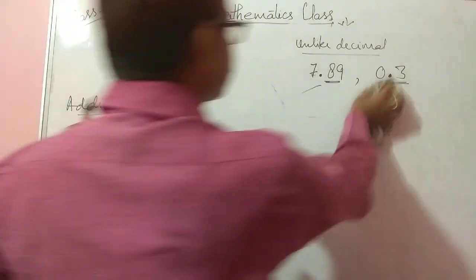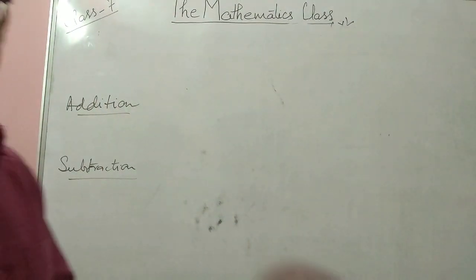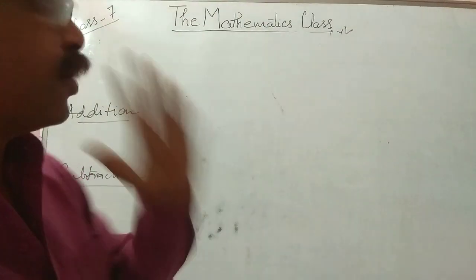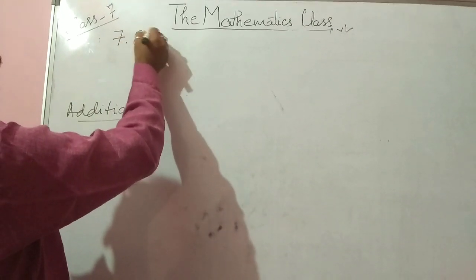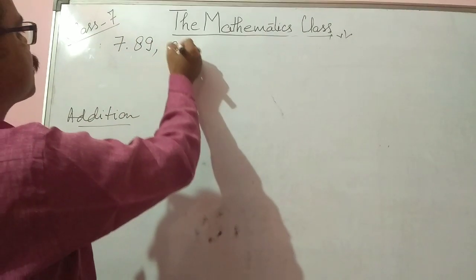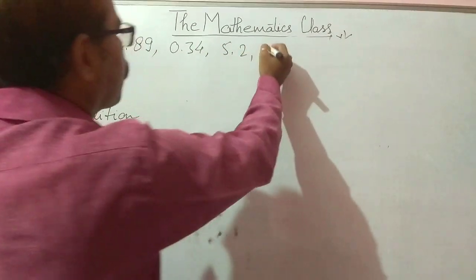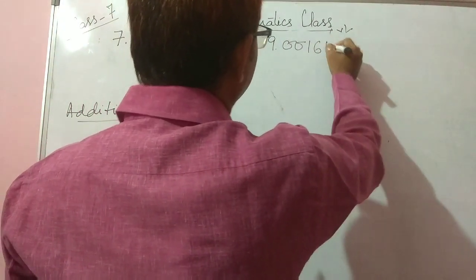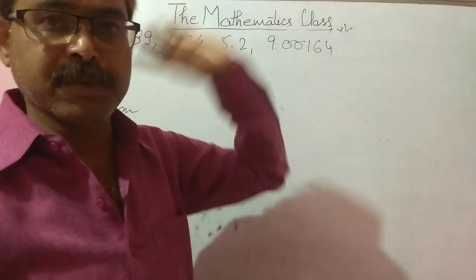The decimals should be in like decimal form. Suppose I took an example: 7.89 and 0.34, 5.2 and 9.00164. Suppose my question is to add all these numbers.